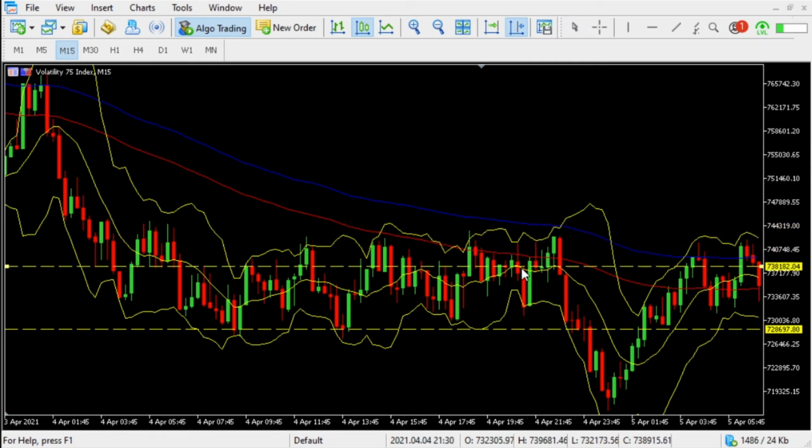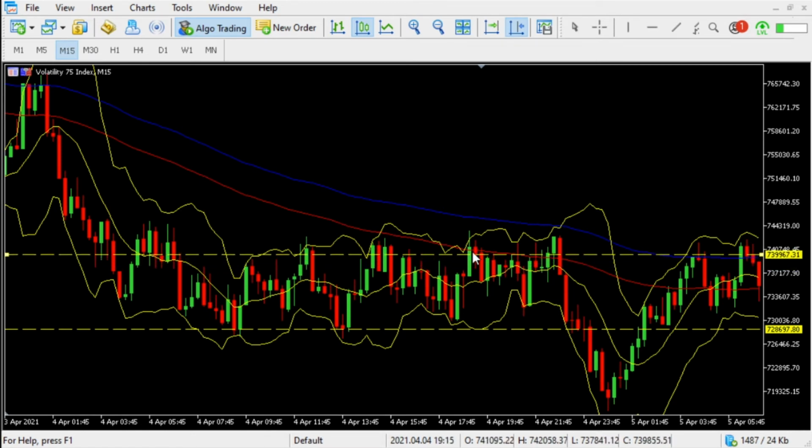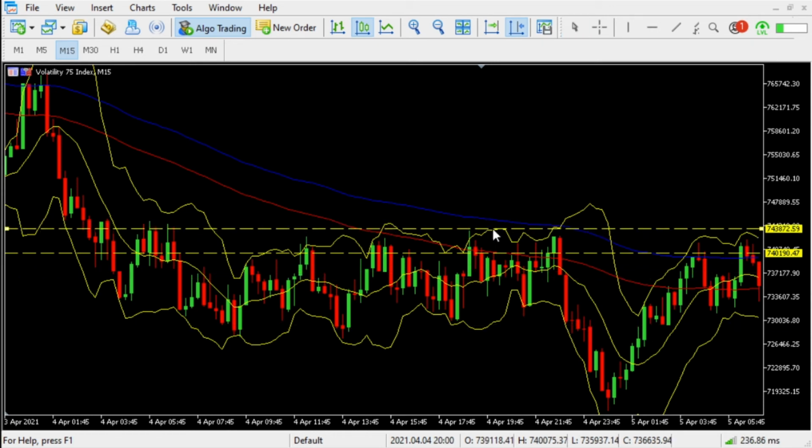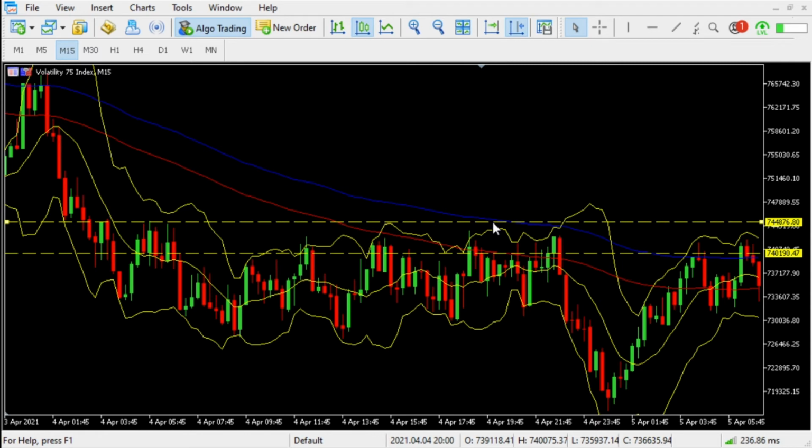So if I was going to look for a sell at any one of these points and sell at the next candle open, that would be my open, and my stop loss would be right above there, with my take profit being 2 to 1.